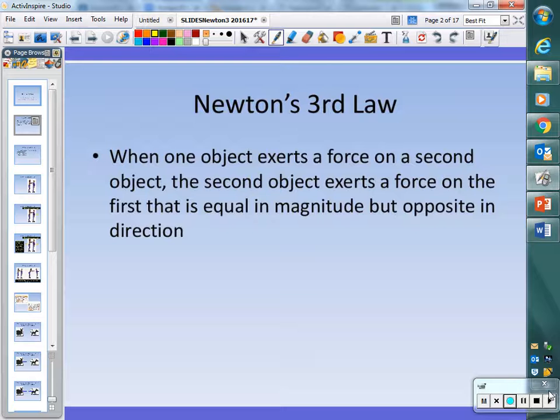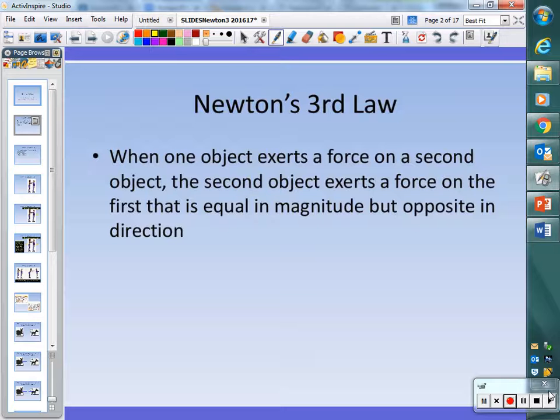You may have heard this stated as for every action there's an equal and opposite reaction, which is true, but that's not quite as descriptive as this.